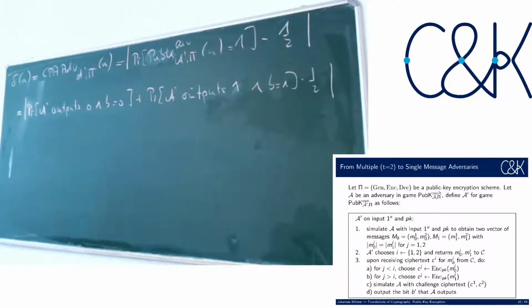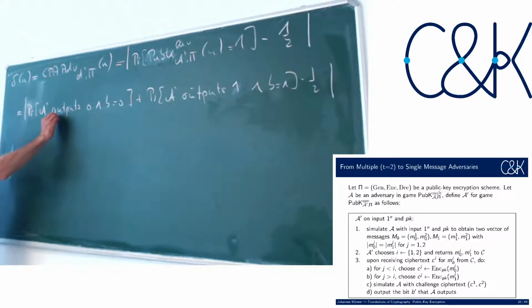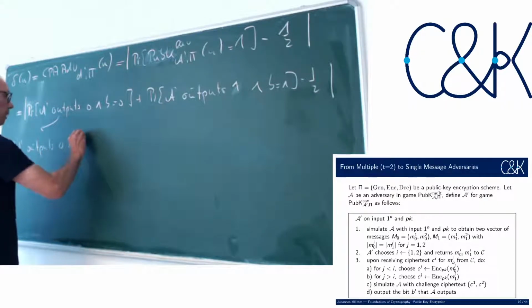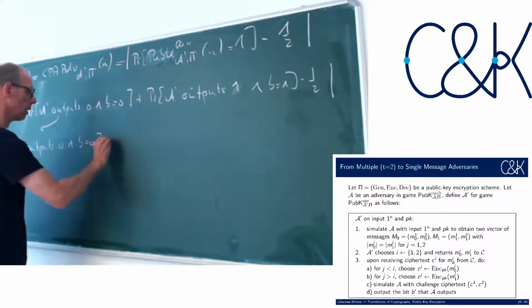So let's just look at this probability here first. The probability that A prime outputs 0 and b is 0.